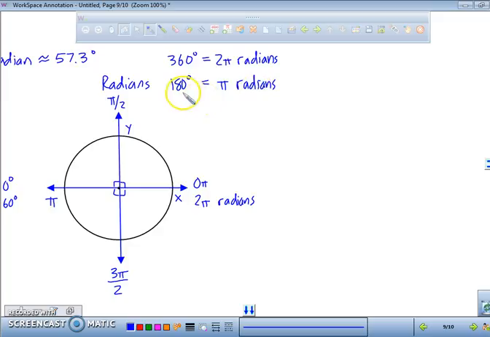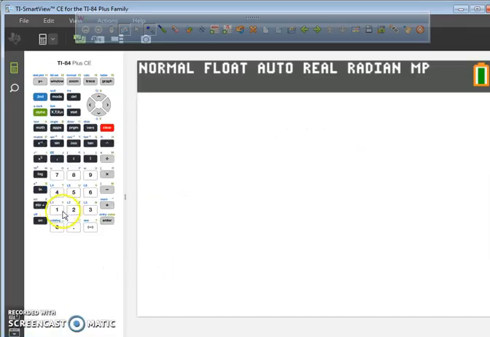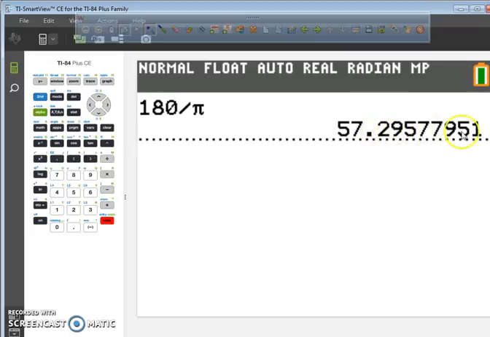If 180 is equal to pi radians, and I divide both sides by pi, in your calculator, do 180 divided by pi. And what do you get? 57.29 something, right? 57.3 degrees. We'll do it right now. 180, not making this stuff up, divided by pi is 57.29. So understand, this just rounded to 57.3 degrees. Okay?